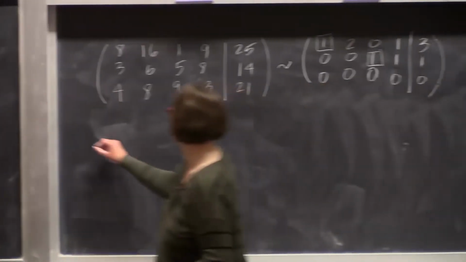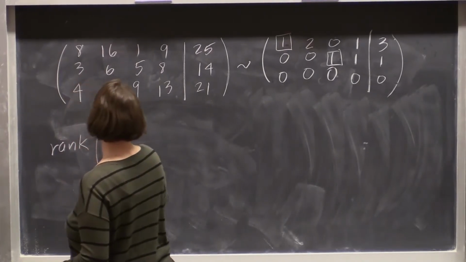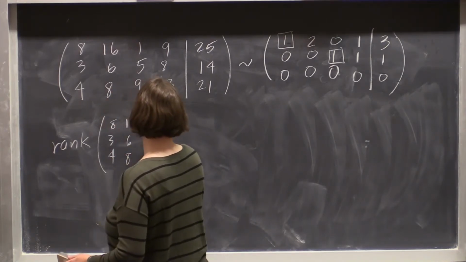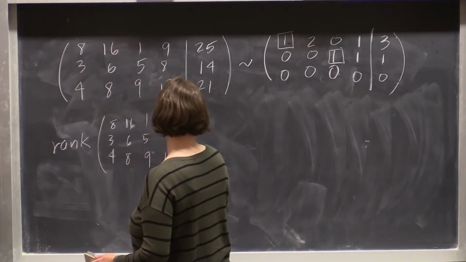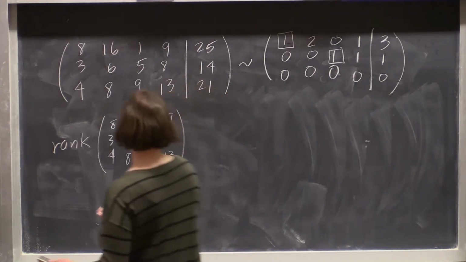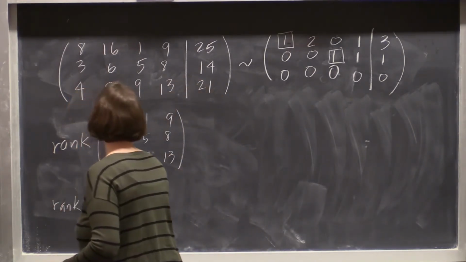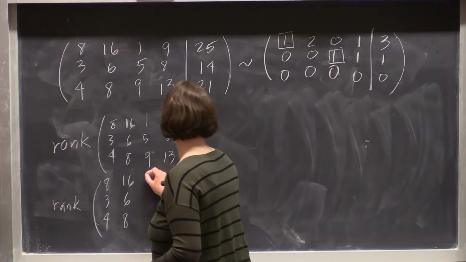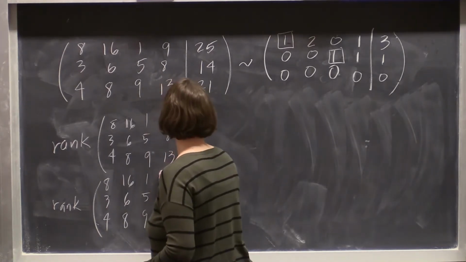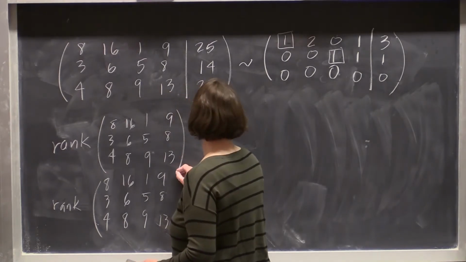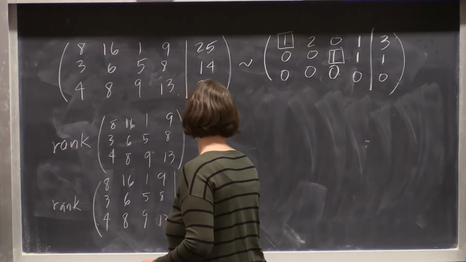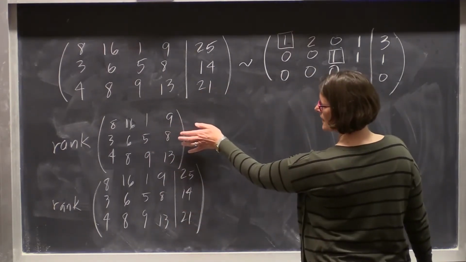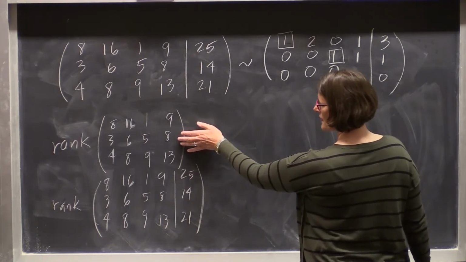if I asked you for the rank of the matrix 8, 3, 4, 16, 6, 8, 1, 5, 9, 9, 8, 13, 25, 14, 21, you would have to reduce this to a matrix in reduced row echelon form using elementary row operations.